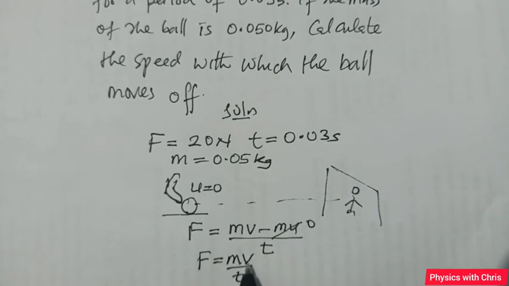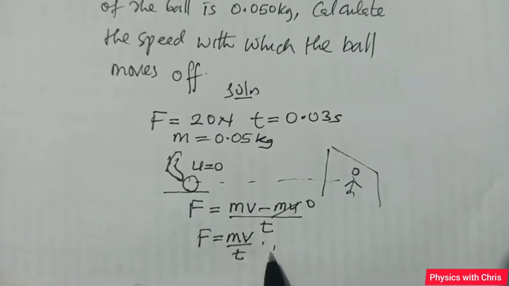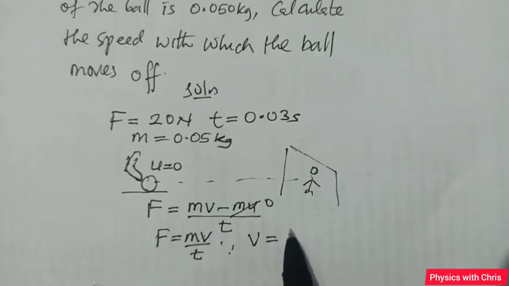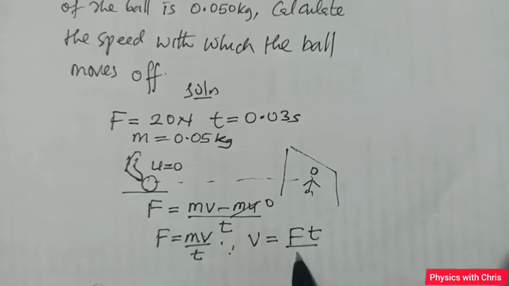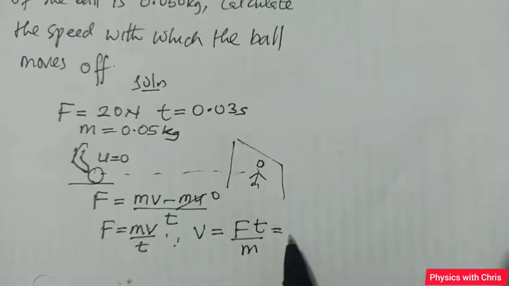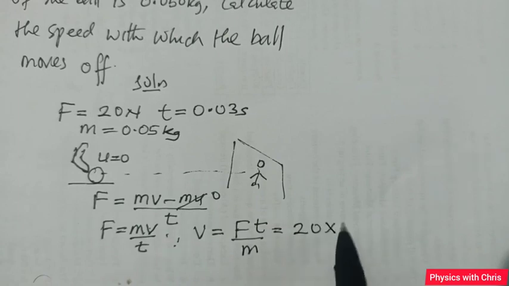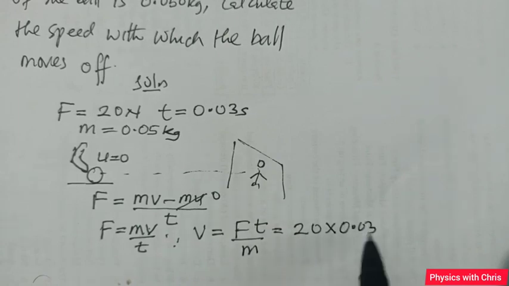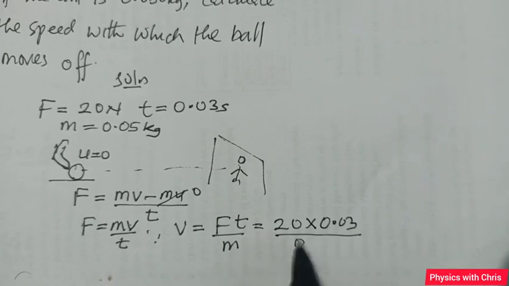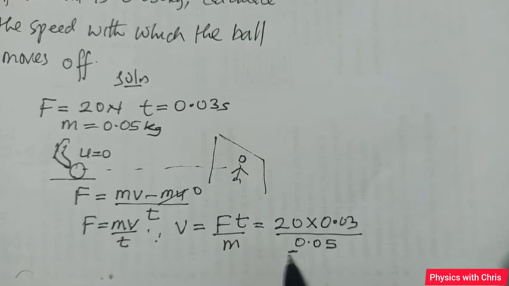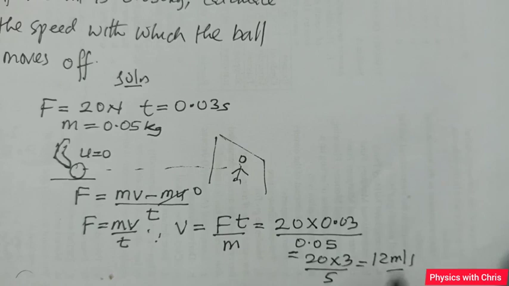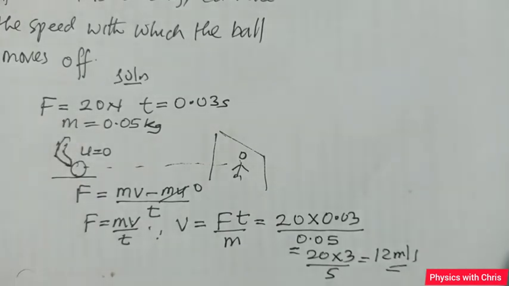We want to find the speed. Making that the subject of the equation, the speed of the body will be ft divided by the mass of the body. That gives the force, 20 newton, times the contact time, 0.03 seconds, divided by the mass, 0.05 kilogram. So that gives 20 times 3 divided by 5. My answer is 12 meters per second. So this ball moves away towards the goalpost with a speed of 12 meters per second.